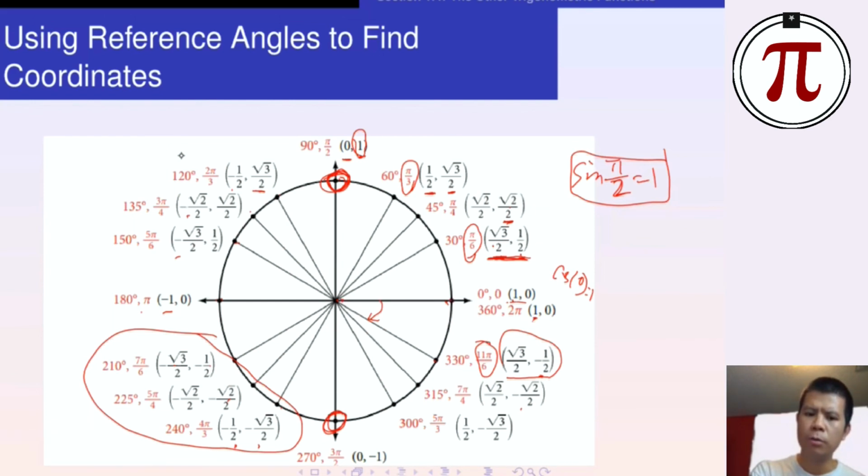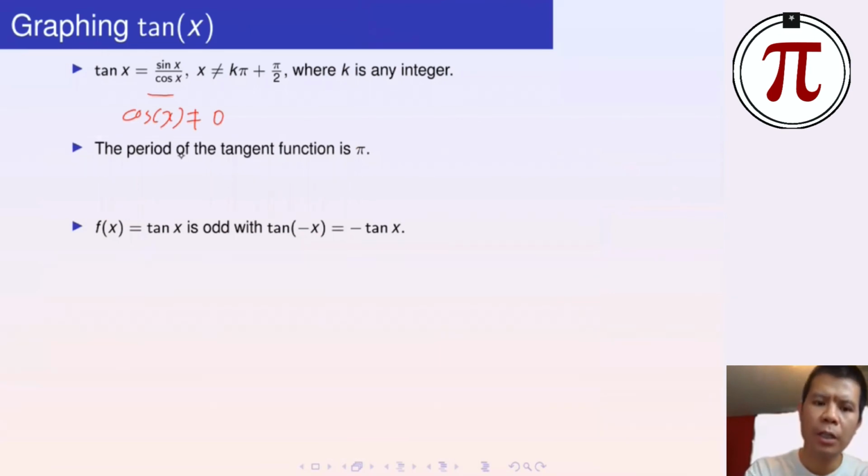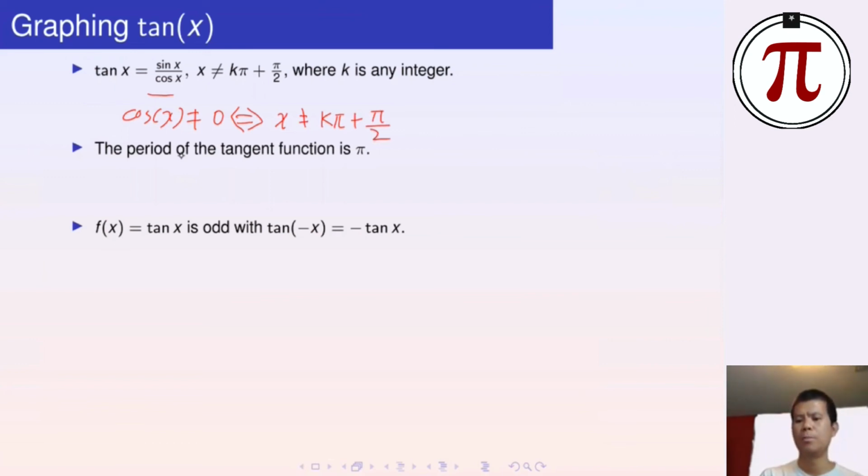We can write it as k pi: k equal to 0 is from 0 adding pi over 2, but if k is odd, it's starting from pi. So basically, cosine x cannot be 0, so x cannot be pi over 2 plus k pi.